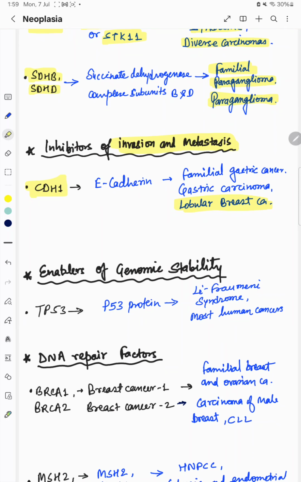Fifth category of tumor suppressor genes is enablers of genomic stability, genes that provide genome stability. One of the very famous examples of this category is TP53, which encodes the P53 protein. This is the most common gene mutation associated with human cancer. Mutation of this gene will be seen in Li-Fraumeni syndrome, and this is associated with most human cancers.